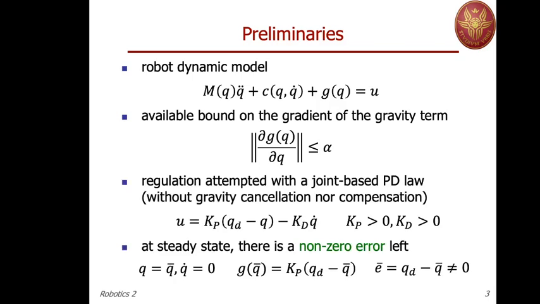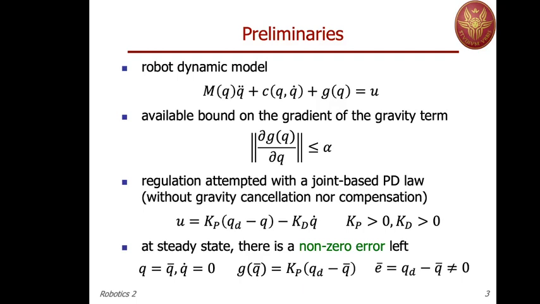Now, if we try to regulate a desired position for a generic robot, using a joint error and a PD law, so without considering the presence of gravity, nor cancelling, nor compensating gravity at all, we would apply a PD control of the form shown in the slide, with typically positive definite and symmetric KP and KD matrices.